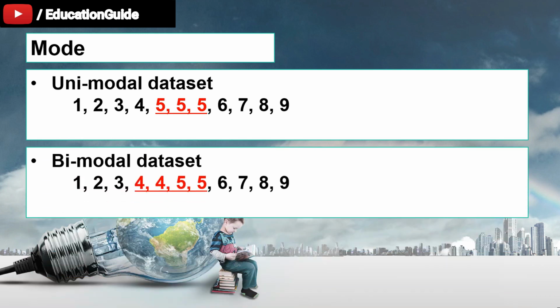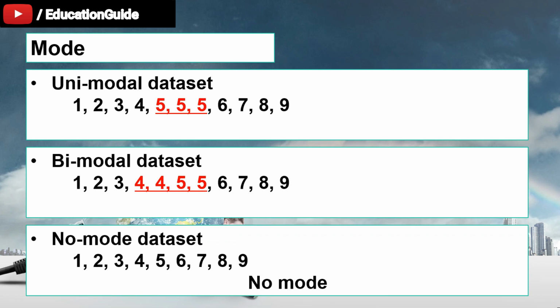For this data set, 1, 2, 3, 4, 4, 5, 5, 6, 7, 8, 9, the entries 4 and 5 occur 2 times each. So it is bimodal with modes of 4 and 5. However, a data set can be without any mode also when every term occurs an equal number of times singly as in the given data set.